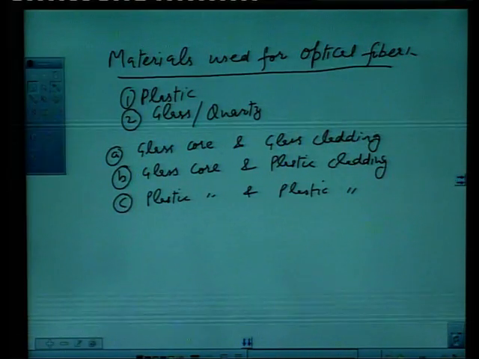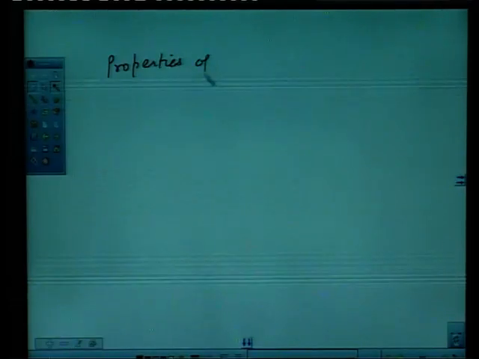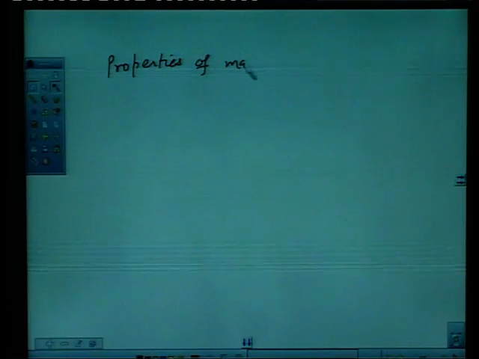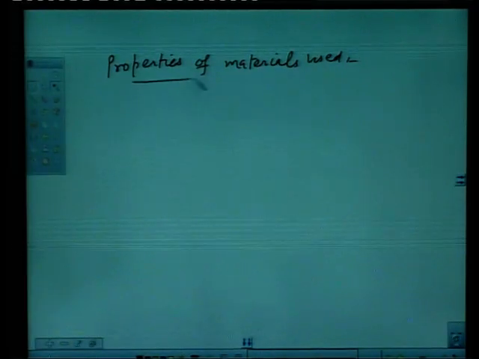So, what are the properties of materials used for making an optical fiber?